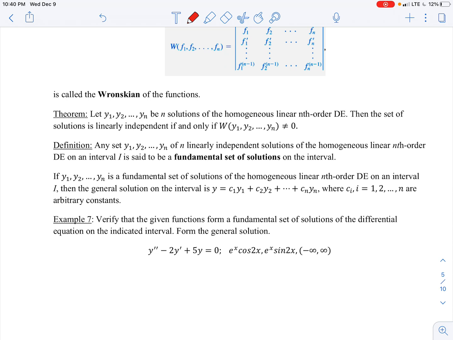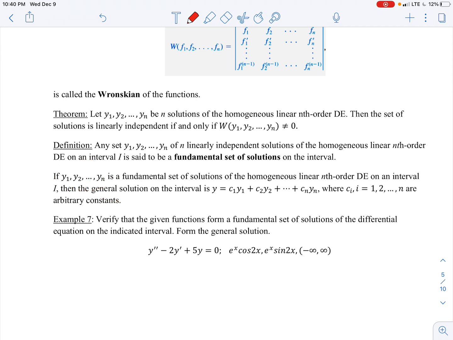If y sub 1, y sub 2, y sub n is a fundamental set of solutions of the homogeneous linear nth order differential equation on an interval I, then the general solution on the interval is just the superposition of all of our solutions.